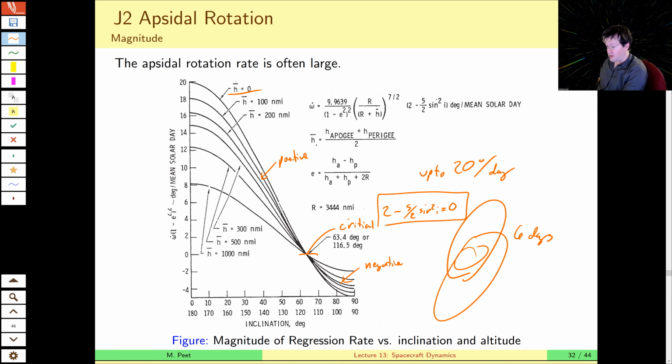So if you just solve that for I, there are two solutions: 63 degrees and 116 degrees. One of which is a posigrade orbit, and one which is retrograde.